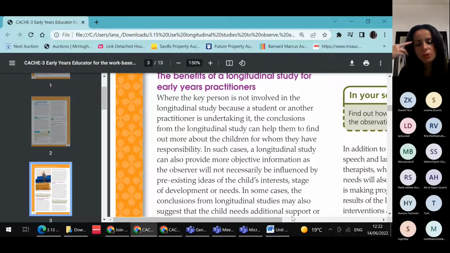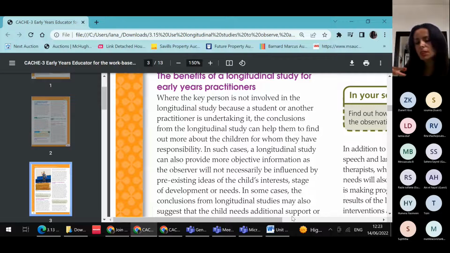Yes. So if you are a practitioner, you have this longitudinal study about the child, that will help you a lot to understand the child, to understand their needs.